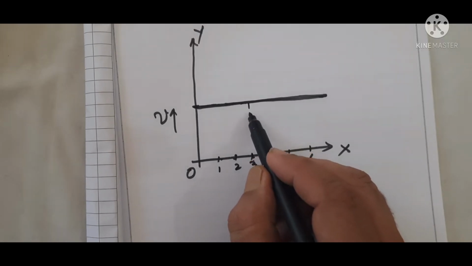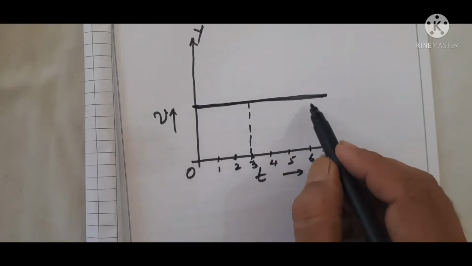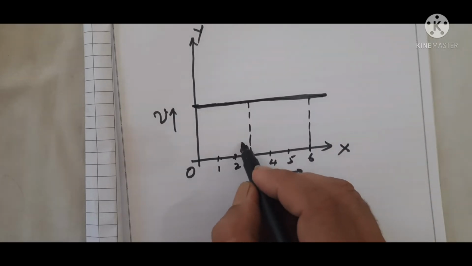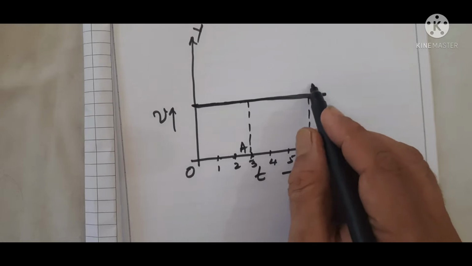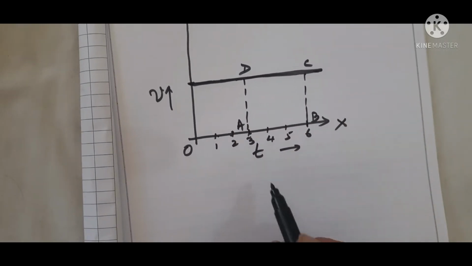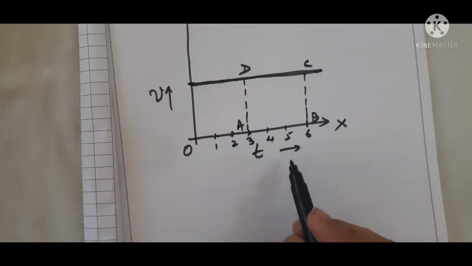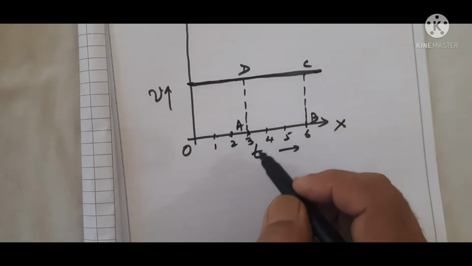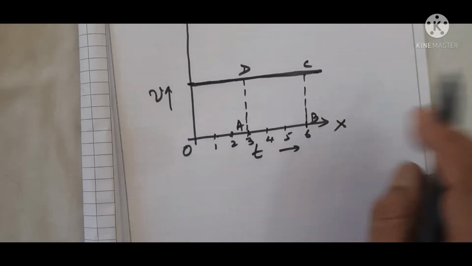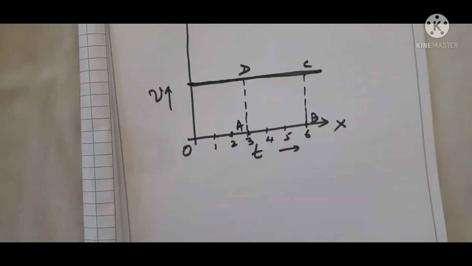So you have to join this one and this one like that. So here it is A, B, C, D. We are getting this particular rectangle A, B, C, D.